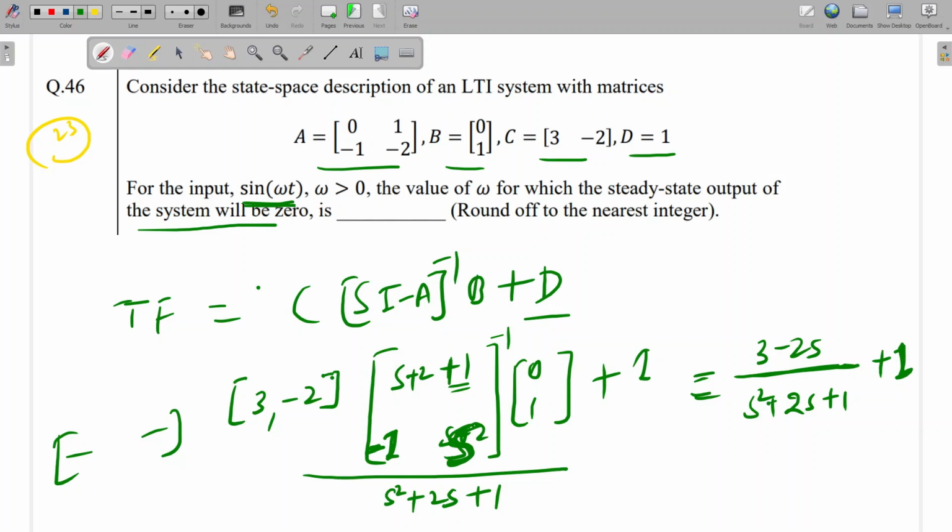The second will be 3 into 1, 3 minus 2s. So (3 minus 2s) divided by s square plus 2s plus 1, plus 1. Further simplifying, in the numerator it will be s square plus 2s plus 1 plus 3 minus 2s. So s square plus 2. Is it correct?